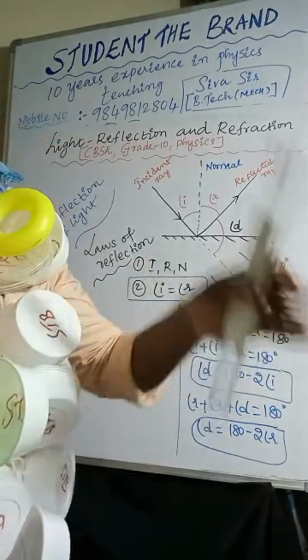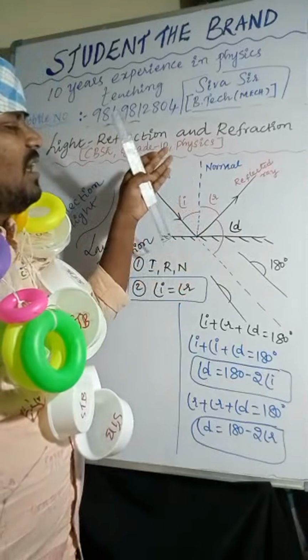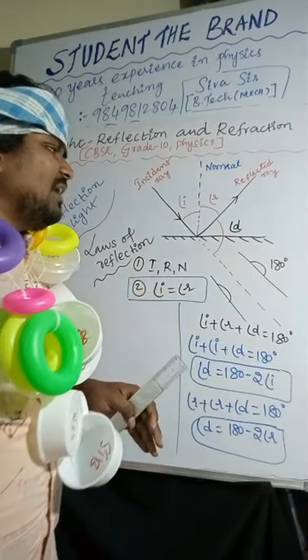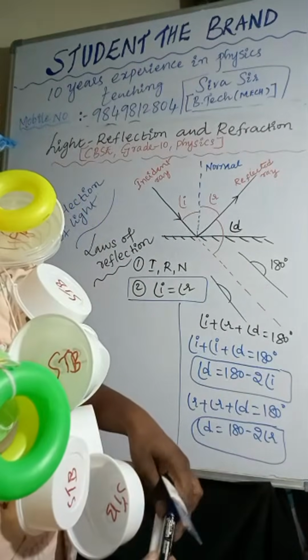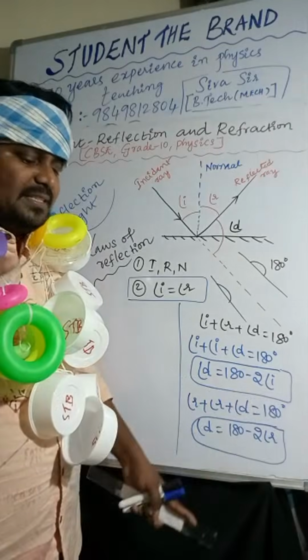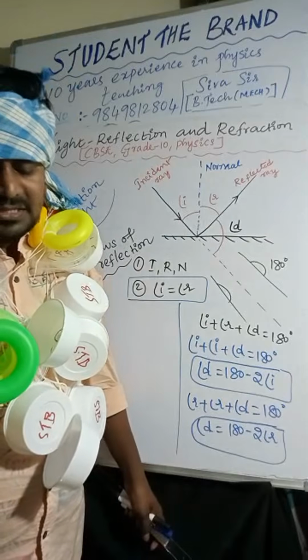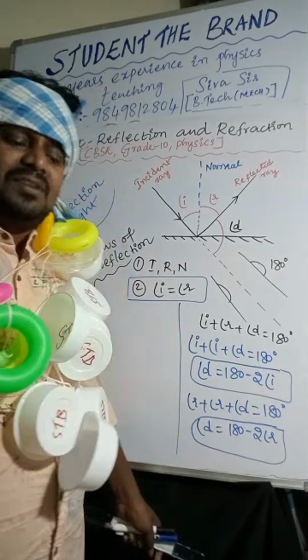What are the laws of reflection? The incident ray, reflected ray, and normal line lie in the same plane. The angle of incidence is equal to the angle of reflection. These two are the laws of reflection.